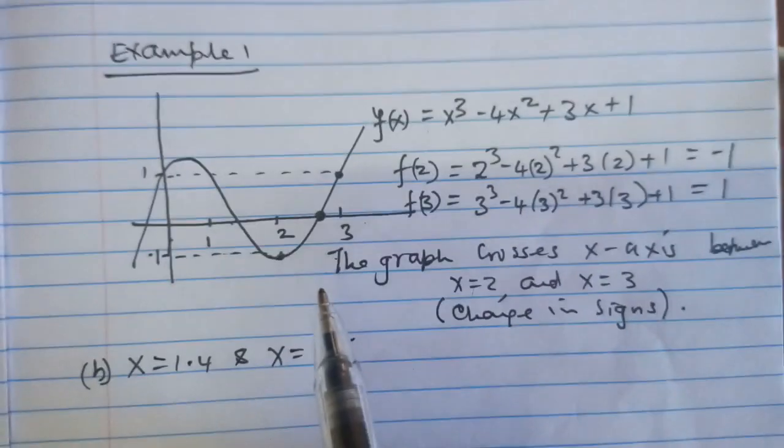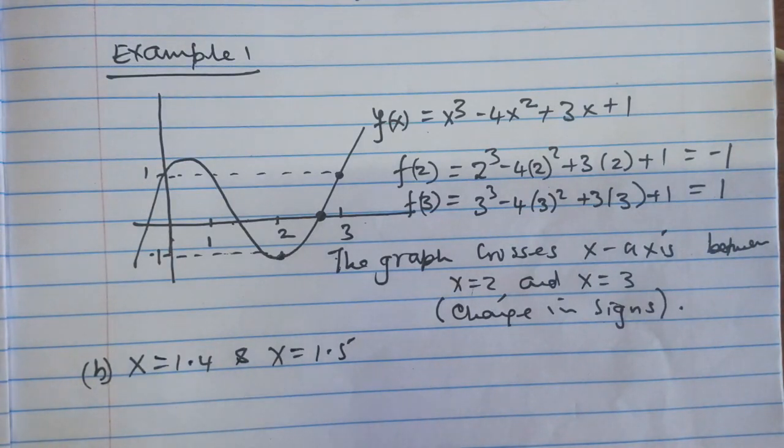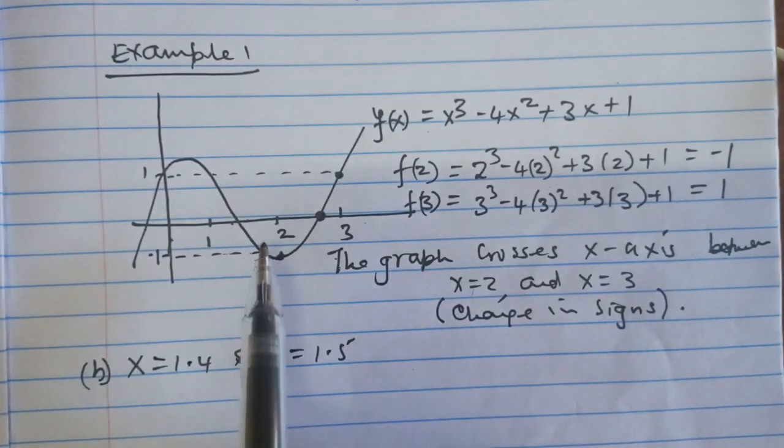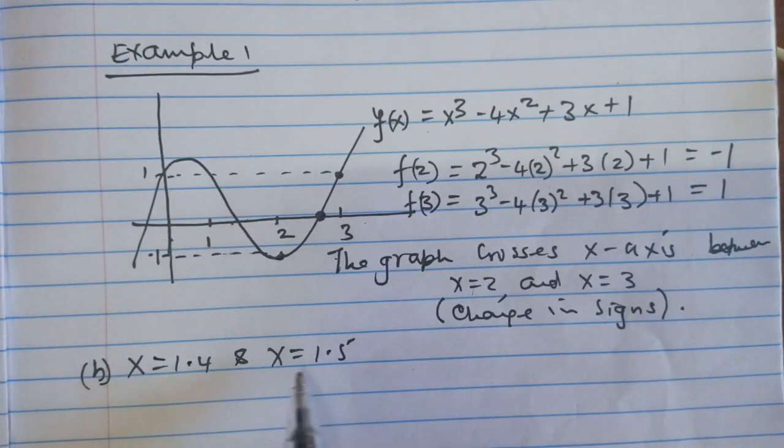But the question is asking us to prove that those limits have been squeezed, shrunk so much, and we can prove that the root is between 1.4 and 1.5.